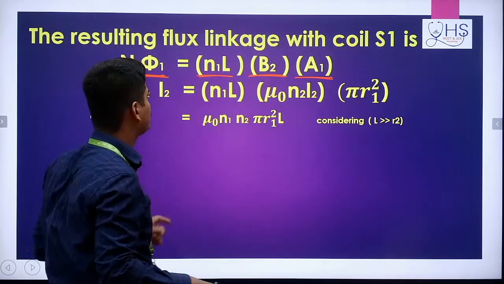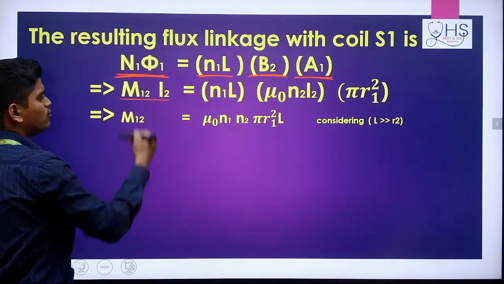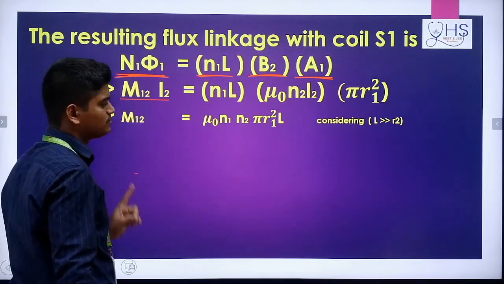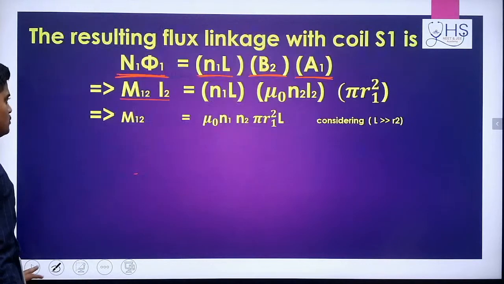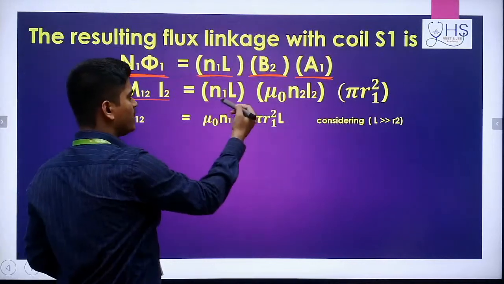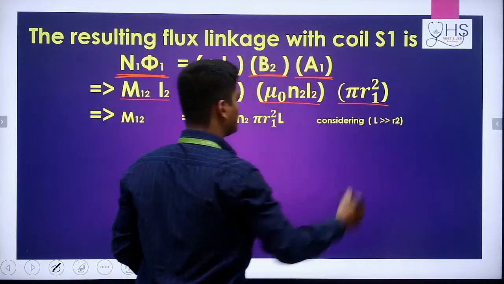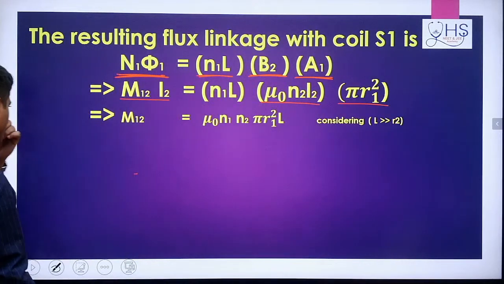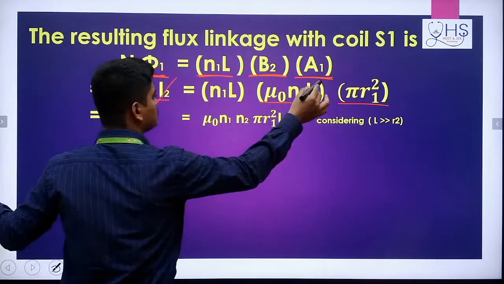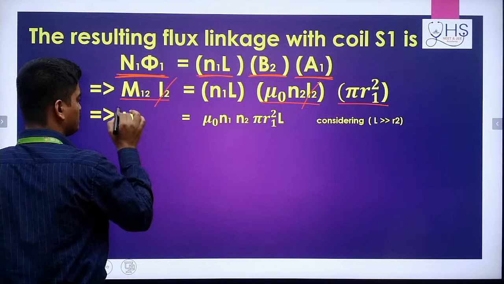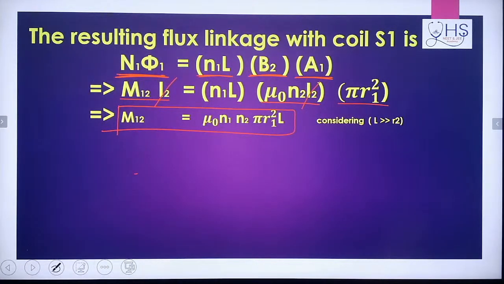So it is B2 A1. And this N1 phi 1 is M12 I2, which I have already derived here. Now B2 is mu naught n2 I2, and A1 is pi R1 square. Here you see I2 will get cancelled. Whatever remains, M12 equals mu naught n1 n2 pi R1 square L.